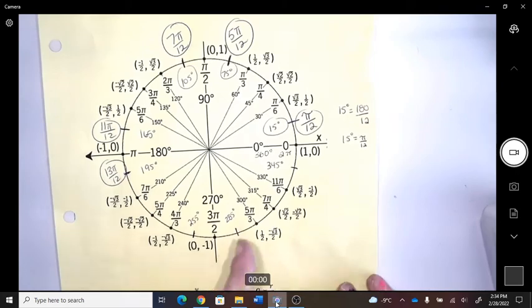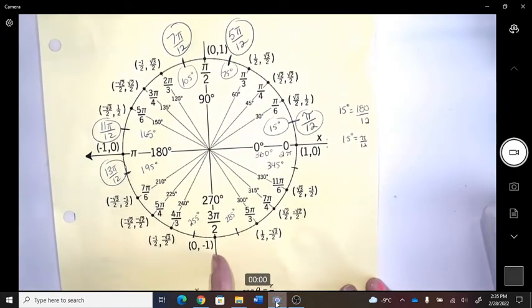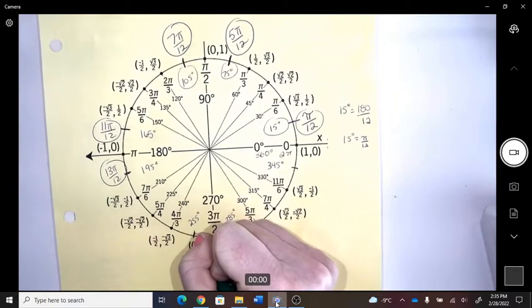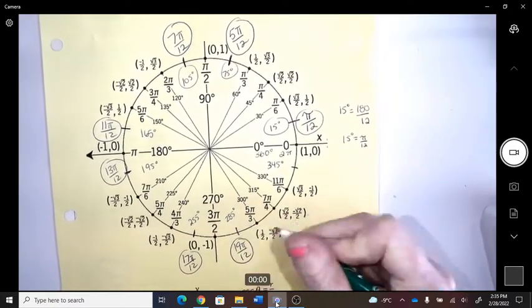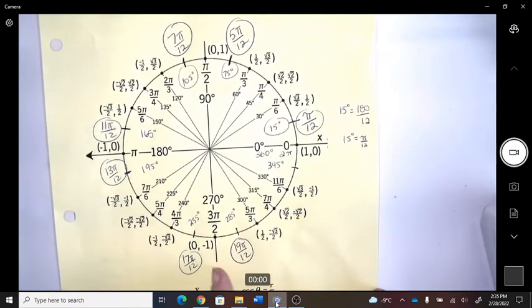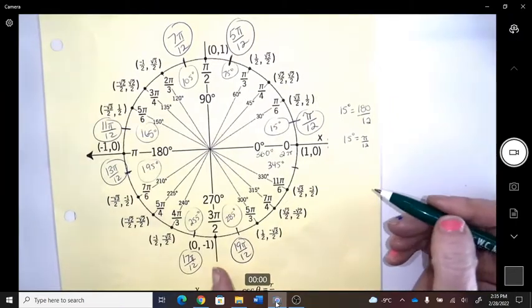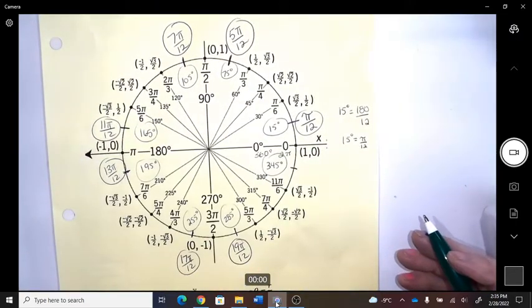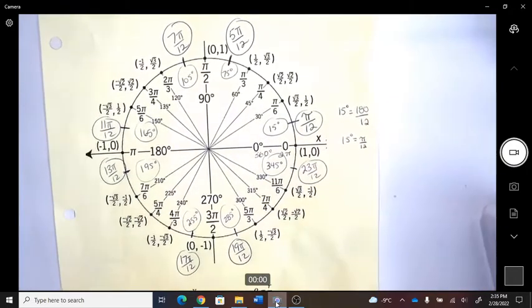Does that make sense? 6, 12, 18, 24, right? So if the bottom is 18, then we have a 17 over 12 and a 19 over 12. And then the whole circle is 24. So the last would be a 23 over 12.